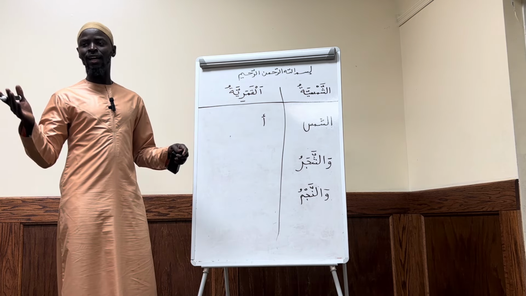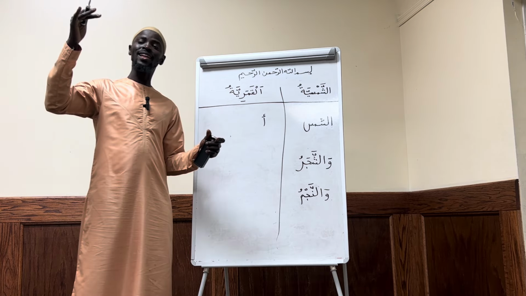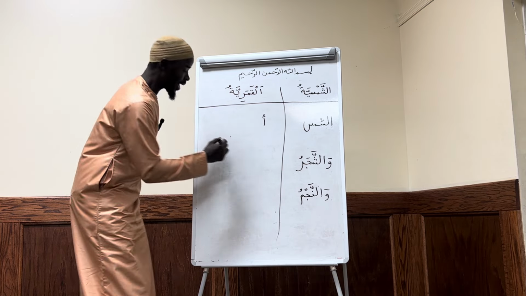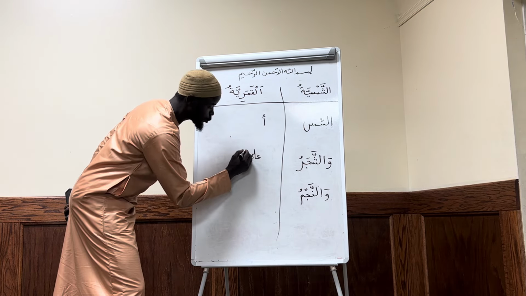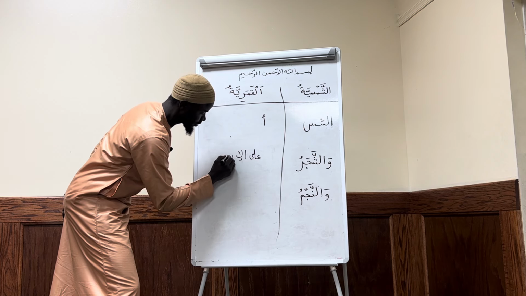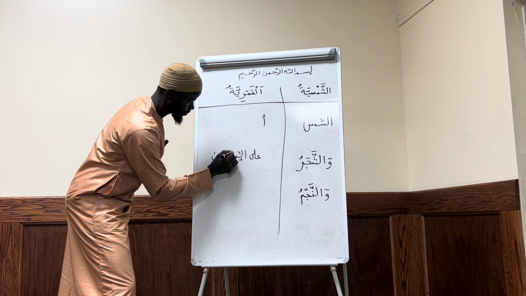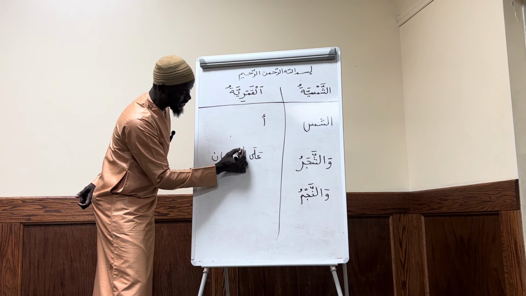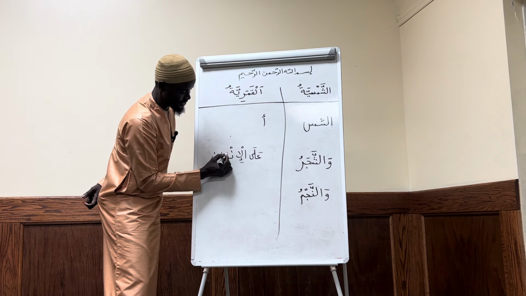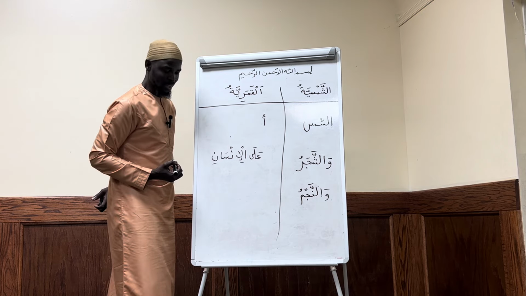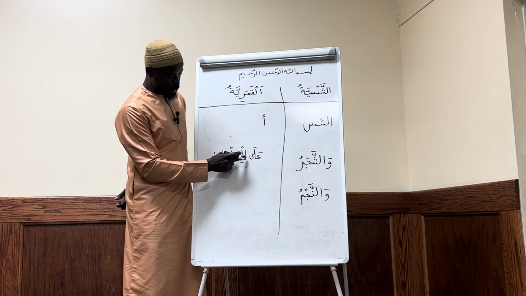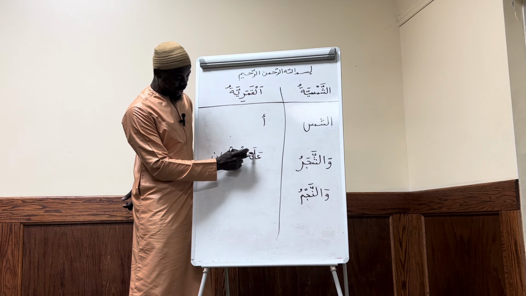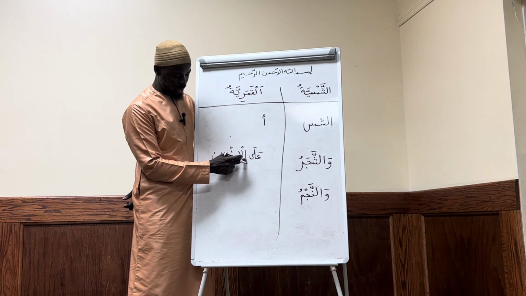Al insan. Hal ata alal insan. You said alal, but you read al insan. You see, al insan. Hal ata alal insan. You see? So you connect the lam with what? With the alif?